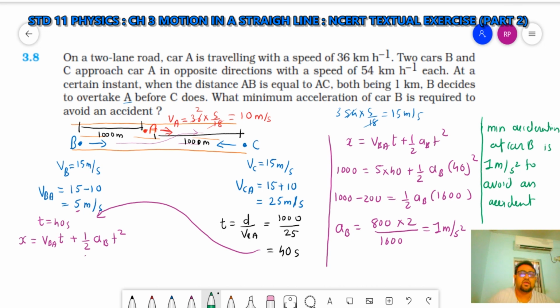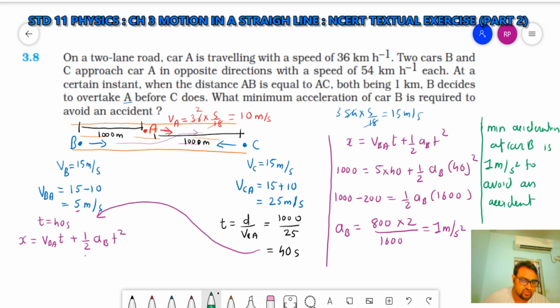See what I did: I found out relative velocity of B with respect to A and C with respect to A. Now to avoid accident, first I found out how much time C will take to reach A. It takes 40 seconds. So minimum time that B is having is 40 seconds. Within this 40 seconds, B must overtake. So t is 40 seconds, and I use the kinematic equation x equal to VBA t plus half AB t square.